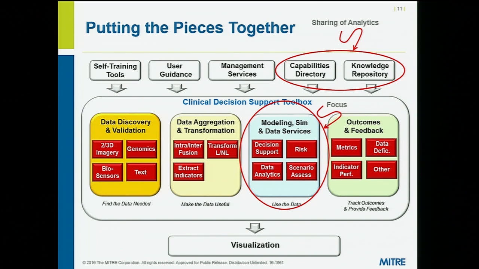And when we're dealing with outcomes and feedbacks, we have to develop metrics and indicators of performance that rate the quality of the data analytic tools that we use. That assessment across the community should be open so everyone can see the applicability of using these tools for certain applications, because not all tools can be used uniformly across all sets of problems.